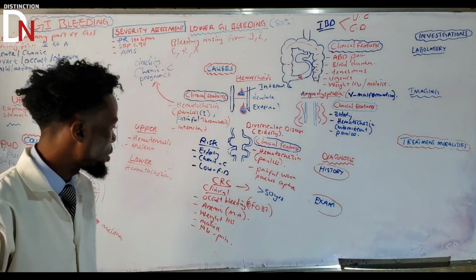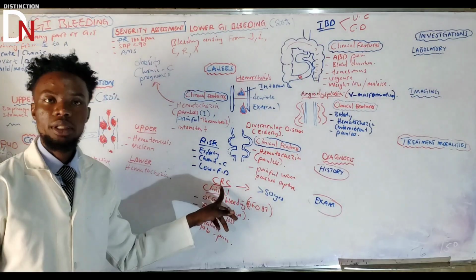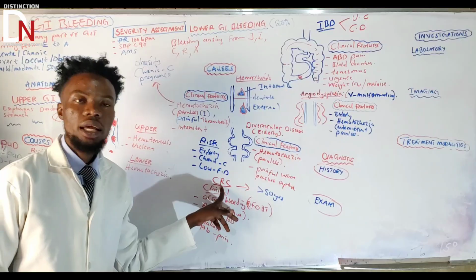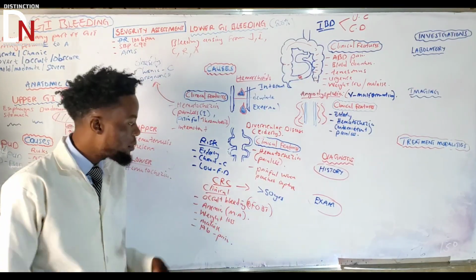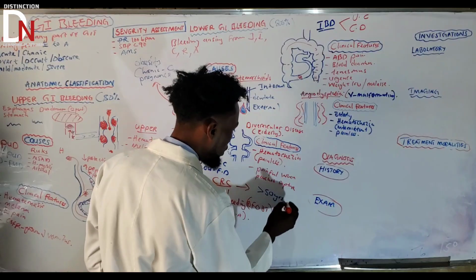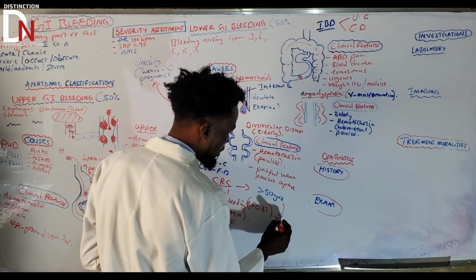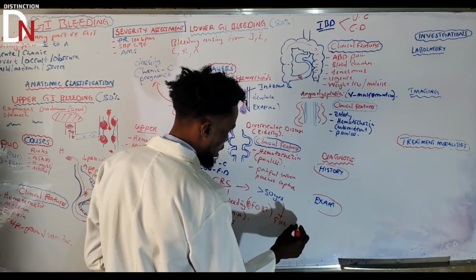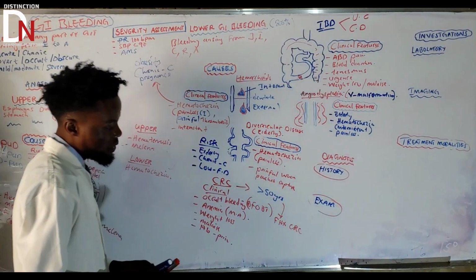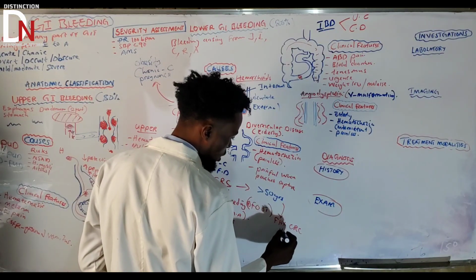The other risk factor is a family history of colorectal carcinoma or cancer. Let's put it here: family history of CRC, and also maybe if they had polyps, a history of polyps.